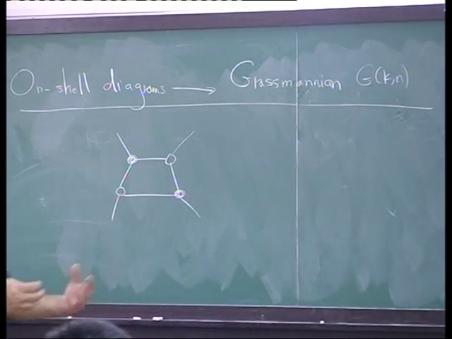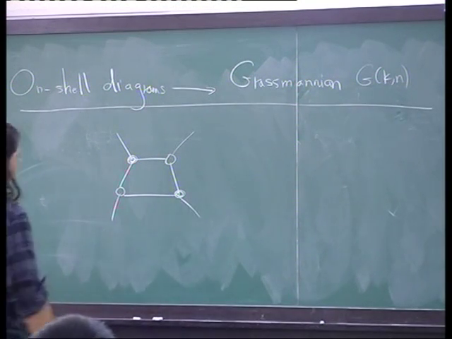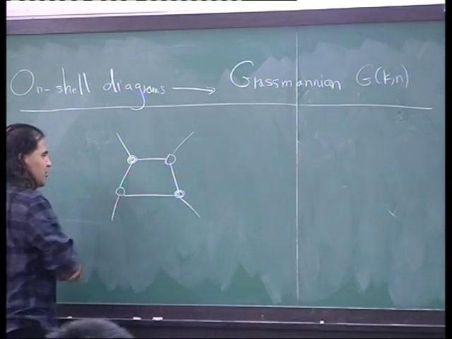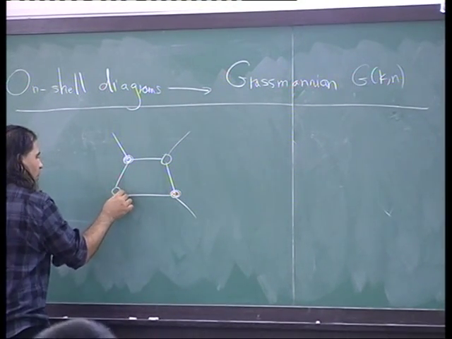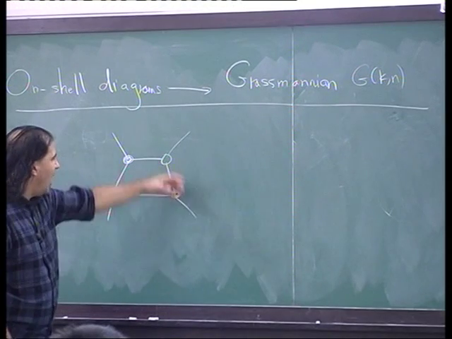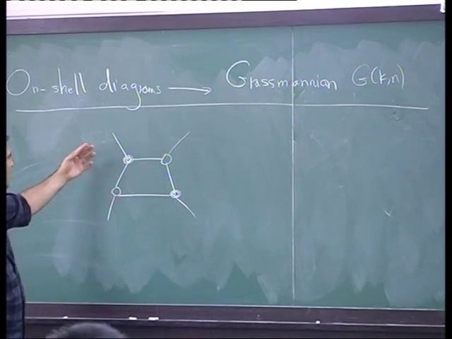The external data is a two-plane in n dimensions, a lambda 2-plane and a lambda tilde 2-plane that are orthogonal to each other. I now want to see how the Grassmannian also naturally shows up in actually trying to do this computation.